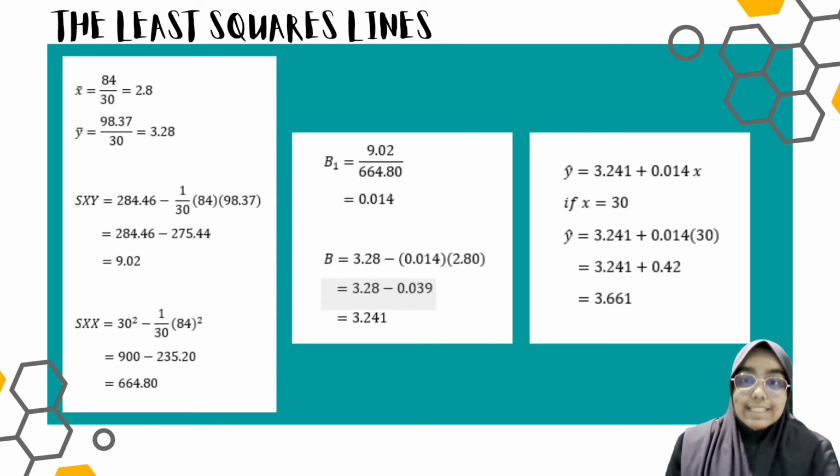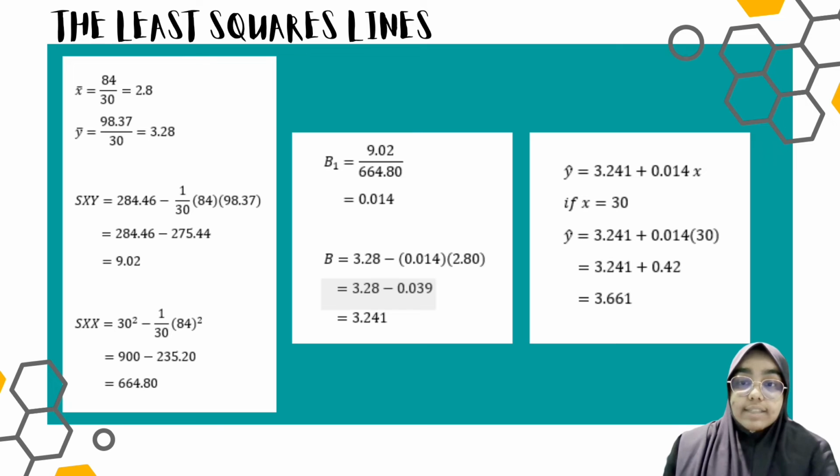Next, we move to the next slide, where X refers to student study hours and Y refers to the grade achieved. X bar is 84 over 30, equal to 2.8, and Y bar is 98.37 over 30, equal to 3.28. If we calculate Sxy, which is 284.46 minus 1 over 30 multiplied by 84 and 98.37, we get 9.02.